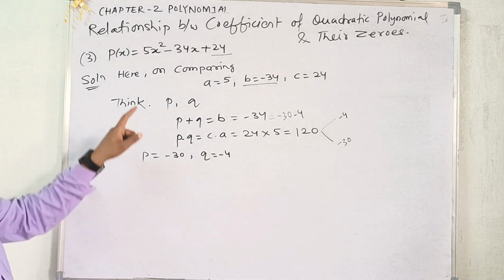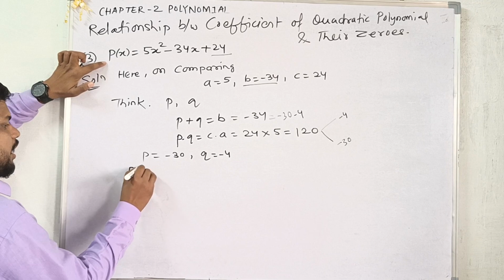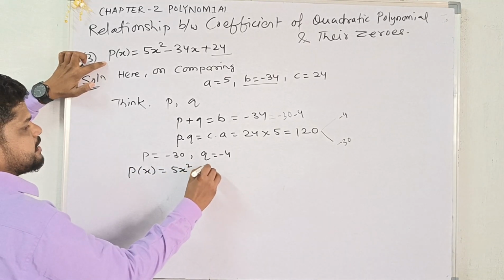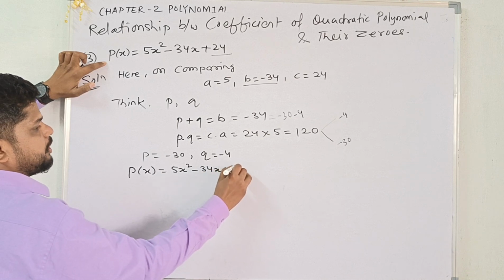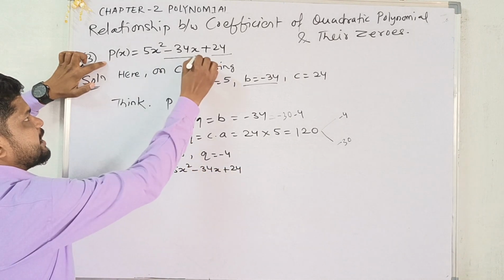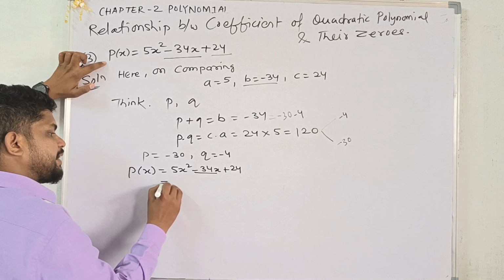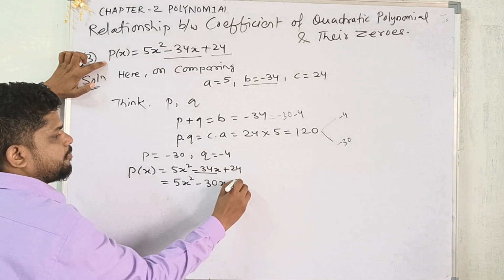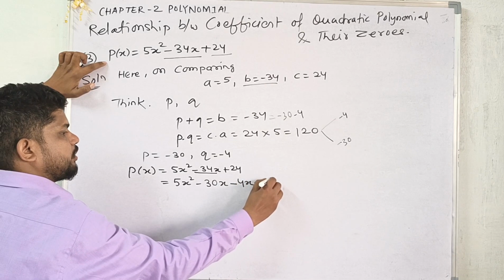and the value of Q as minus 4. Now we will split up the middle term of the given polynomial P of x, 5x square minus 34x plus 24. So this middle term minus 34x will be split as 5x square minus 30x minus 4x plus 24.